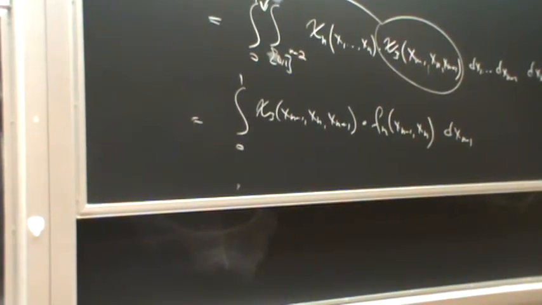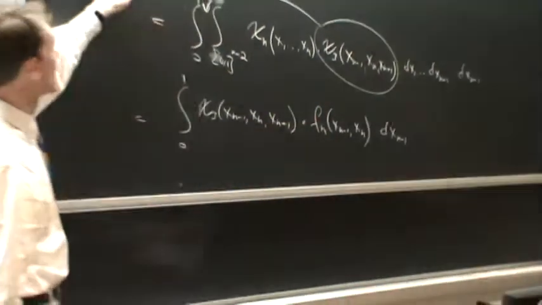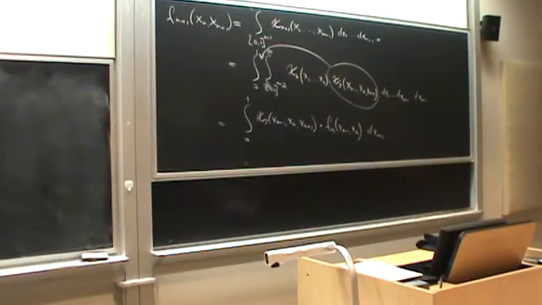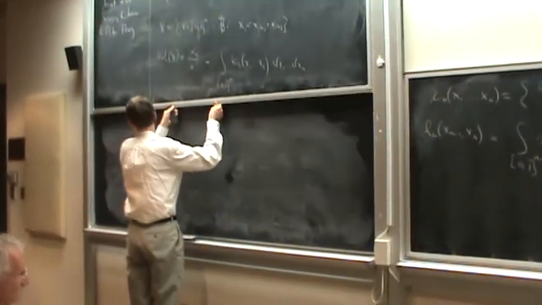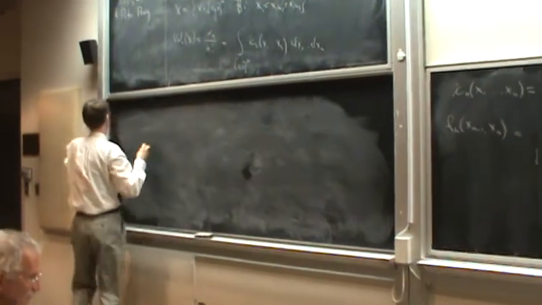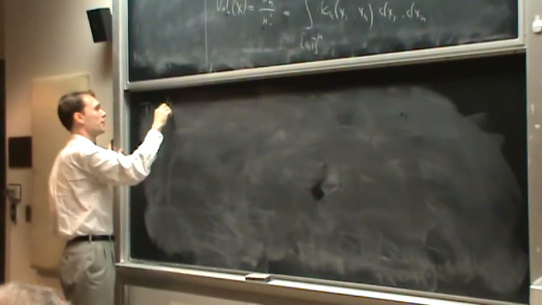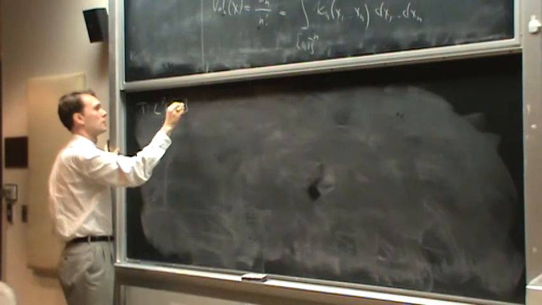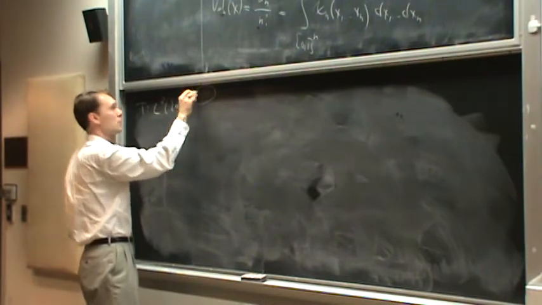Isn't that nice? This gives a recursion. From this function, we integrate and we get out this one. In fact, it's a linear operator. We have a linear operator T for functions in two variables on the unit square to itself.